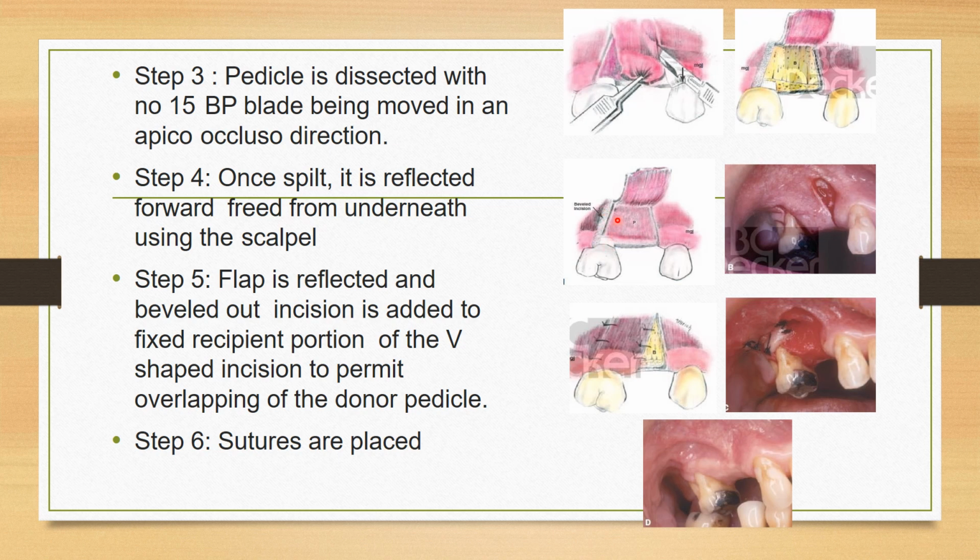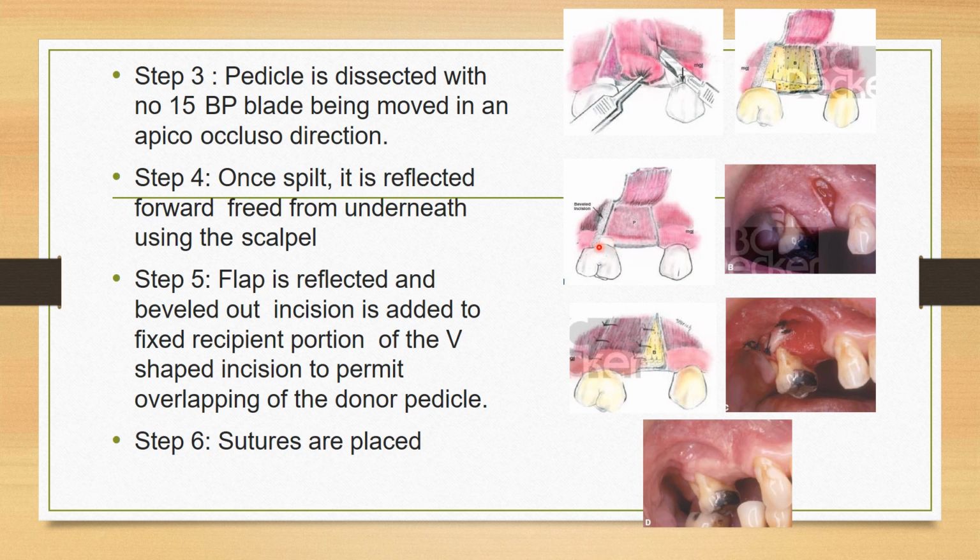So the split flap is reflected forward, freed from underneath using the scalpel. So the flap is reflected and a beveled incision is added. This beveled incision can be added towards this point, and it can be shifted to the area where it is needed.